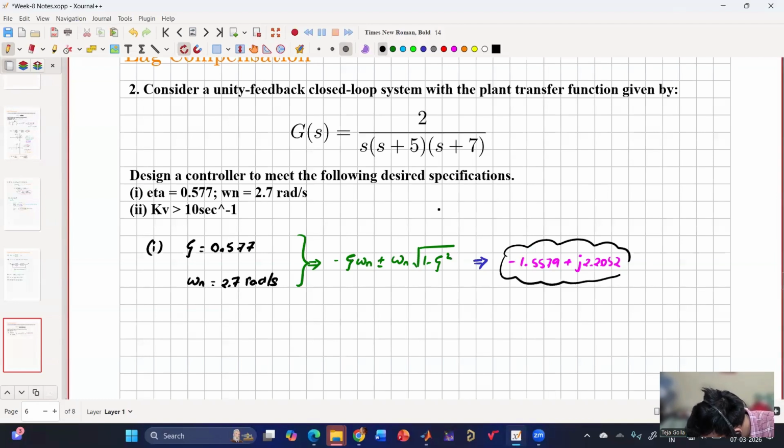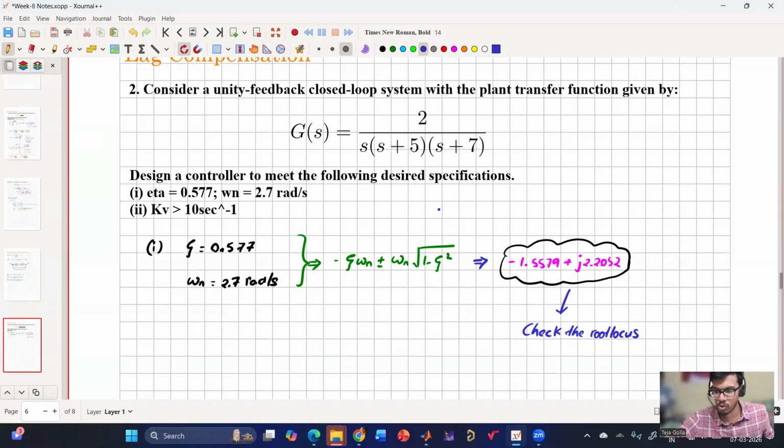First, again, we have to check the root locus and then check whether simple gain is fine or not. We'll check the root locus and see what exactly we are getting, whether simple gain is sufficient or whether we need to design the compensator using lead compensation, because here we are talking about the transient response.